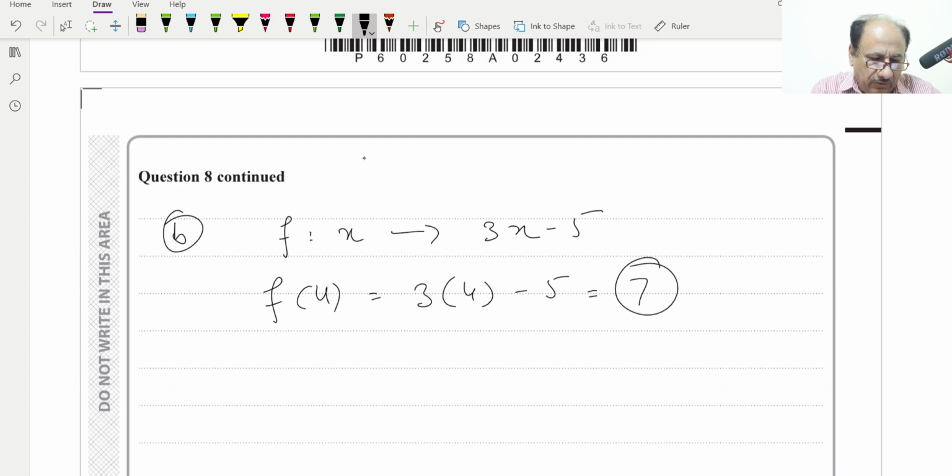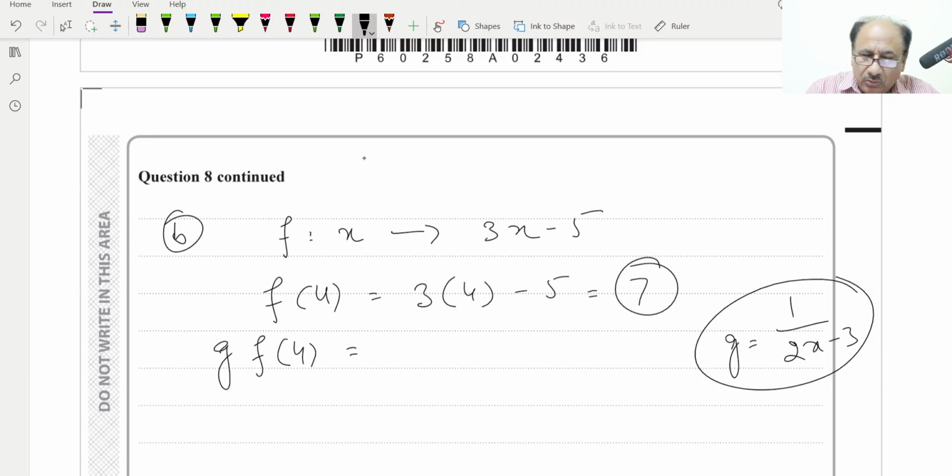So now we can find g of f of 4, and g of x, if we check, g of x is equal to 1 over 2x minus 3. So in this one we will replace value, 1 over 2 into x.